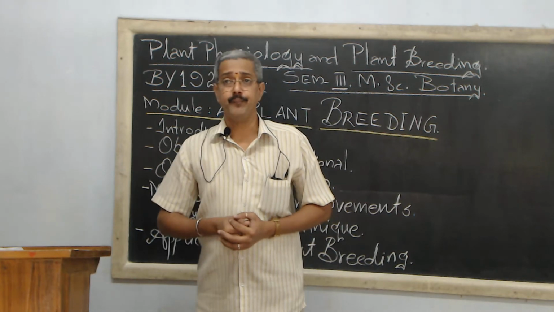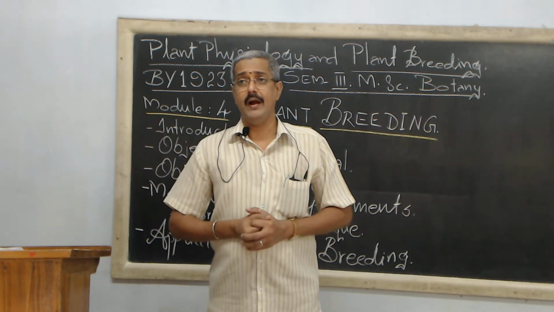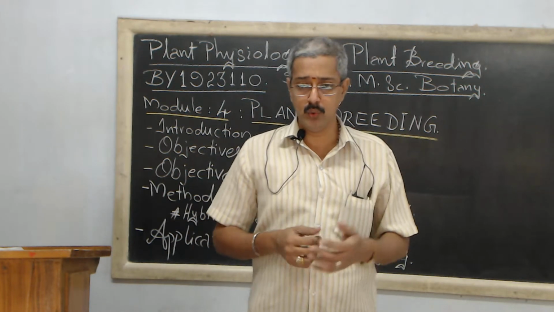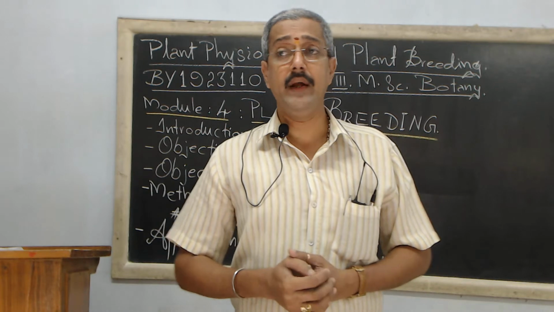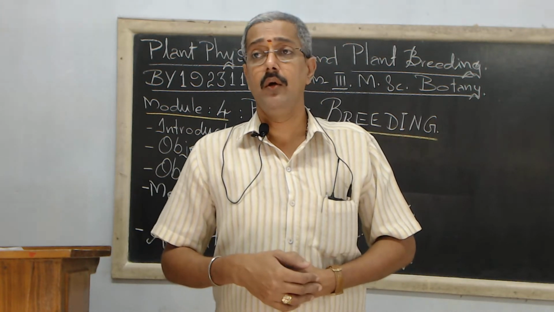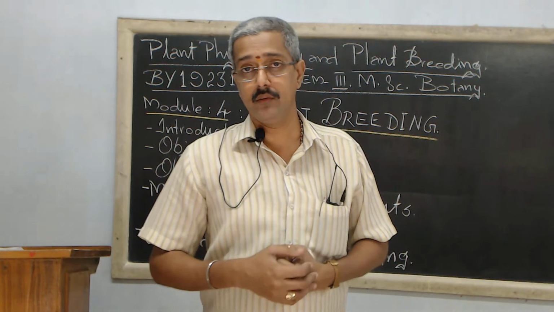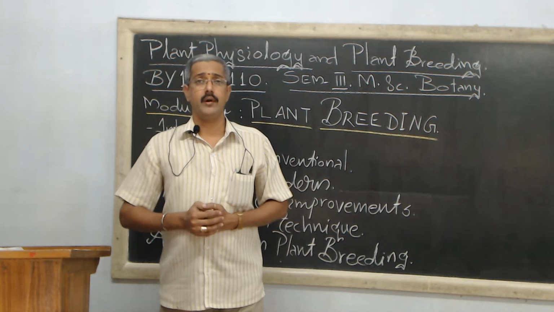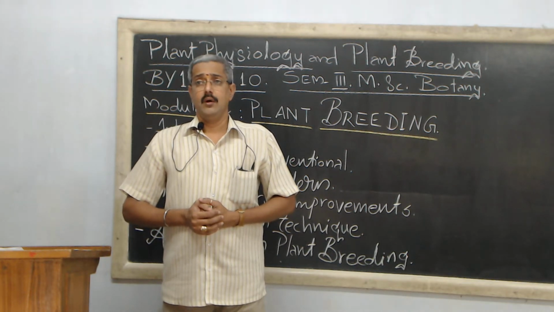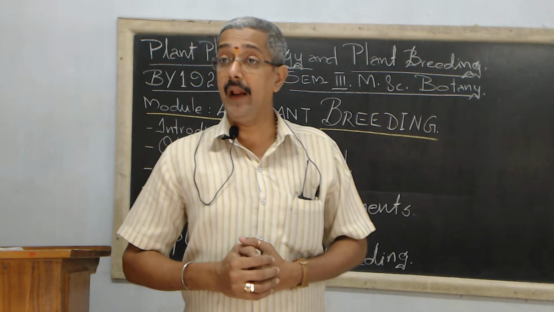That is why botanists, scientists or biologists intend to do some approaches or some interference to the natural breeding of the population. So breeding programs are introduced both in plants and also in animals.